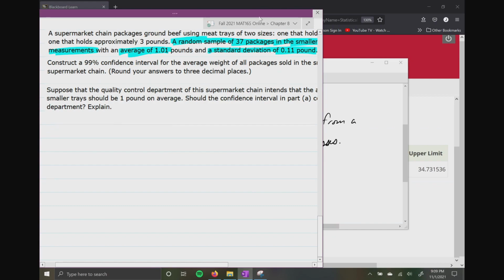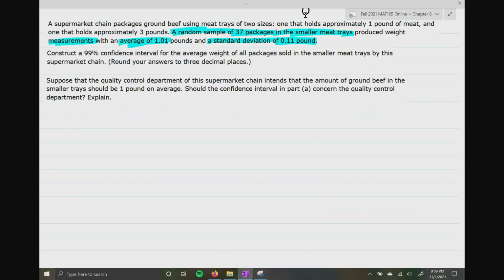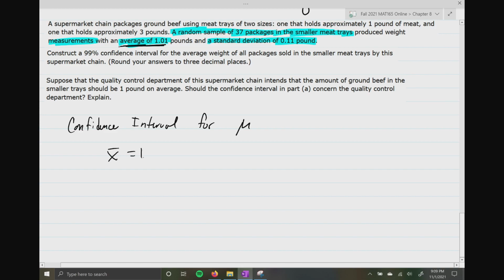So I know from here that this is going to be a confidence interval for mu. And how do I know that? Because they're giving me the sample average, X bar equals 1.01, and a standard deviation. Now, if they're giving me the sample average, then this is the sample standard deviation as well, of 0.11 pounds. Okay? So I know it's a confidence interval for mu.